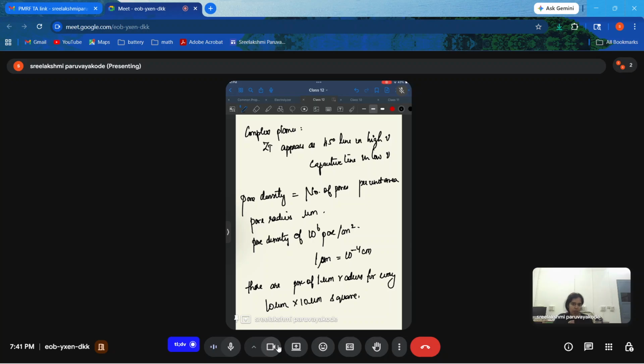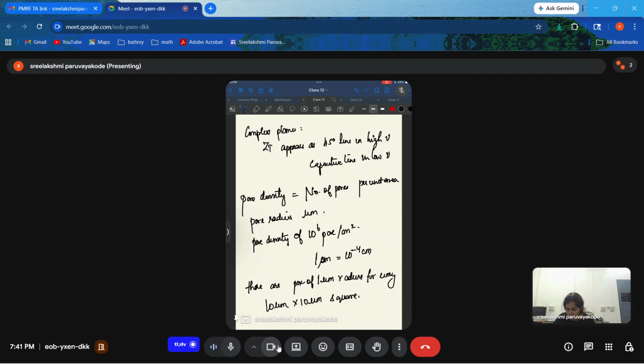Now assume the pore radius is going to be very small, in microns. Now if I say there is a pore density of 10 to the power 6 pores per centimeter square, so a 1 micron pore is something like 10 to the power minus 4 centimeter. That means there is a pore of 1 micron radius for every 10 micron by 10 micron square.